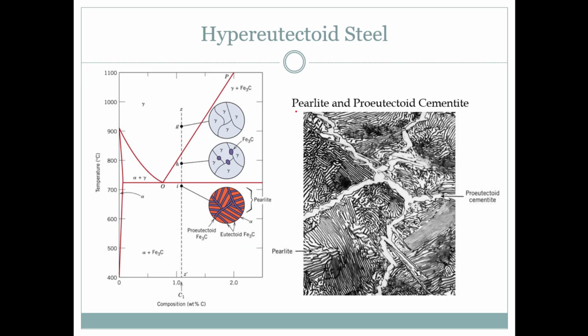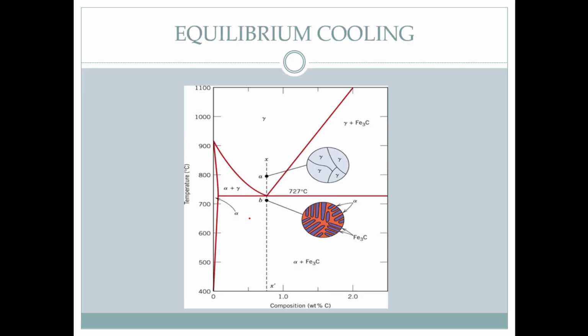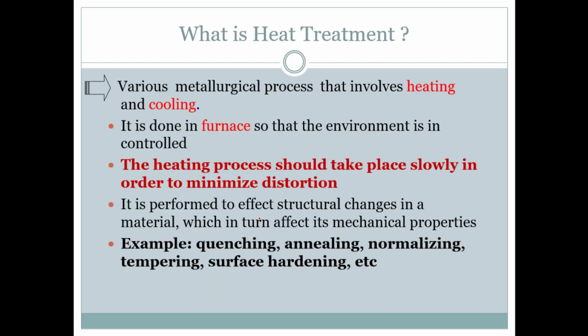Hypereutectoid steel has pearlite and proeutectoid cementite. This is very important. You have to memorize it. If we're passing through this eutectoid point, we have only ferrite and cementite, which we call pearlite.